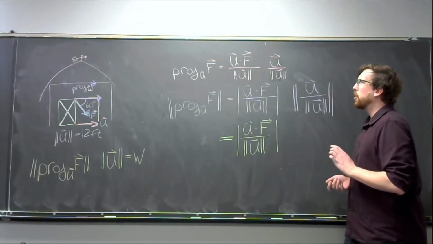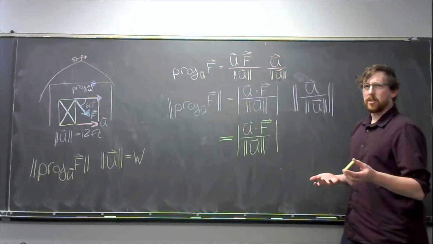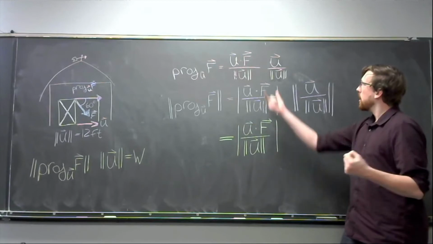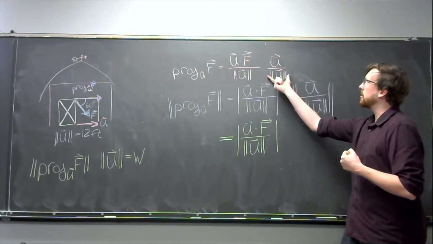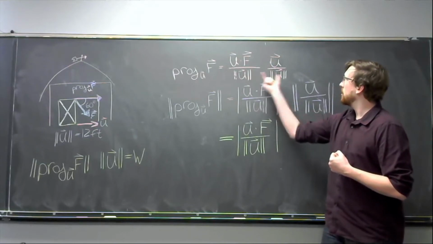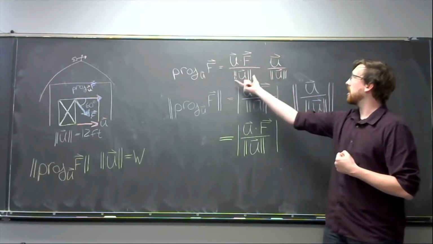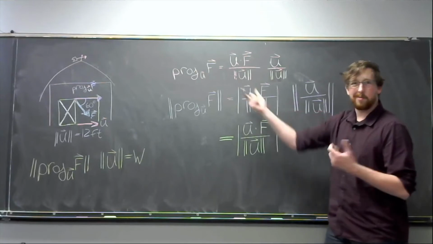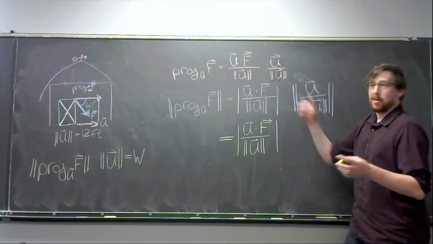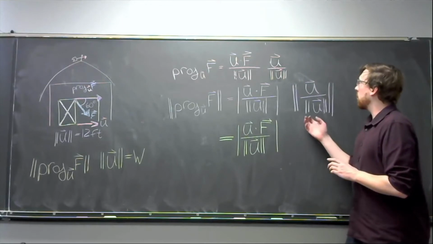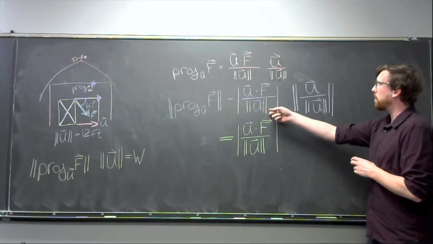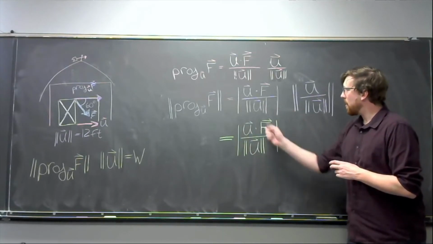Well, wasn't that a property of vectors? That we could just pull out that value, right? And then what we end up with is that the magnitude of this vector is just going to be the magnitude of the vector times whatever that scalar was. Well, it's a unit vector, so the magnitude's 1. So what we end up with then is 1 times the absolute value of that scalar.